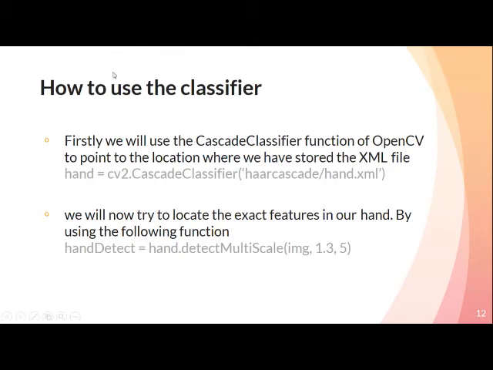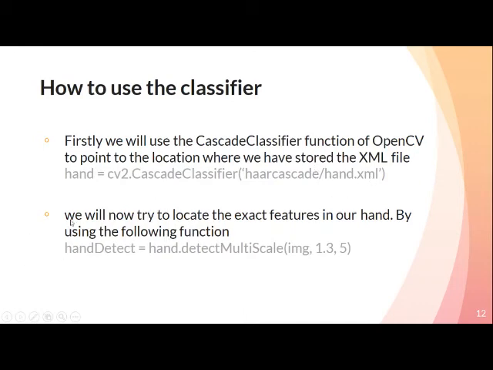Now how to use it. For using the classifier, we first have to point to the classifier XML file, where it is stored. This function is used to point to the classifier file.